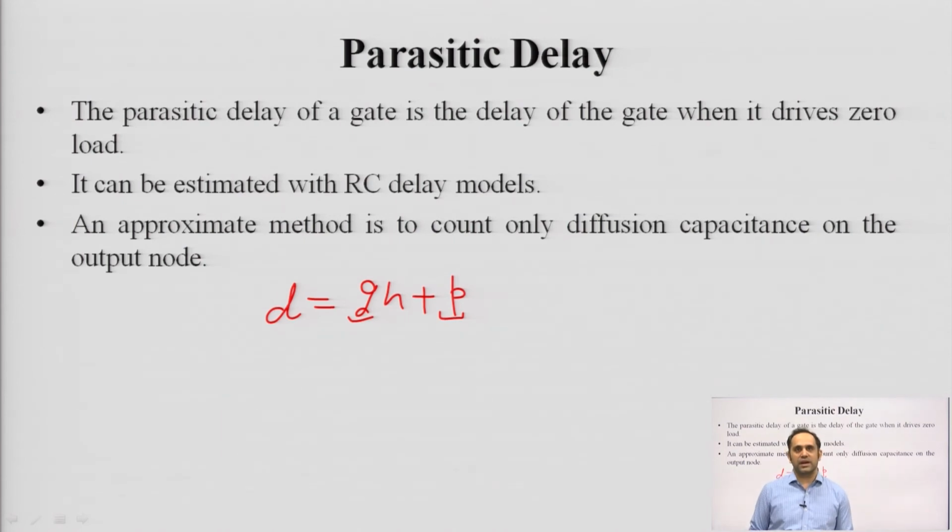So if the driving gate is not driving any load, it is not charging or discharging any other capacitance, we say that it is a no load condition. To estimate this parasitic delay, we consider the diffusion capacitance at the output node. Wherever the output is being measured, if you disconnect the load, whatever diffusion capacitance is present at that output node is a measure of parasitic delay.